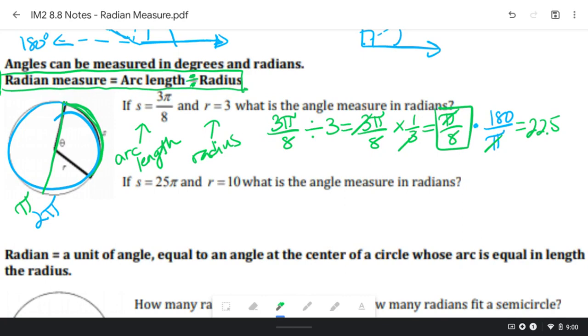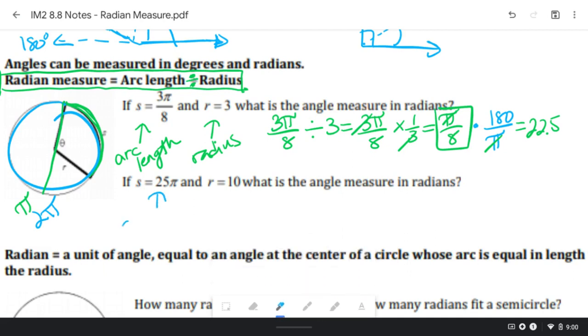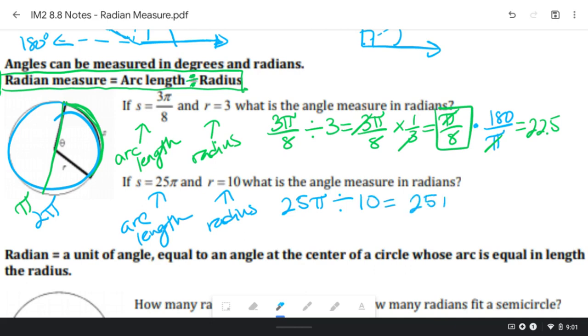All right, the next problem is telling us to do 25 pi. So 25 pi is our arc length. And then r stands for radius. And we're going to take 25 pi divided by 10, which is 25 pi over 10.